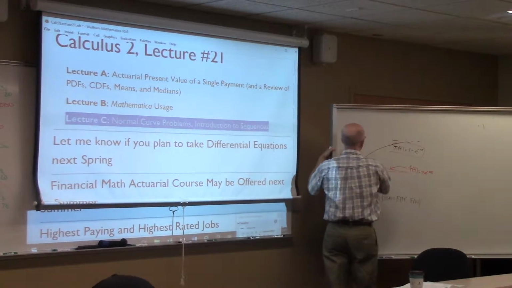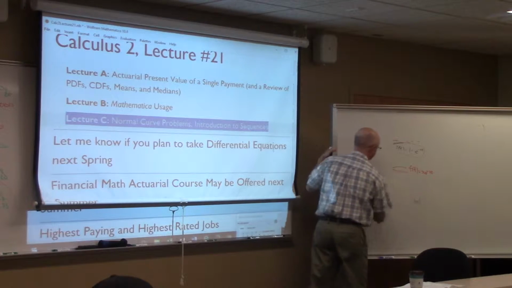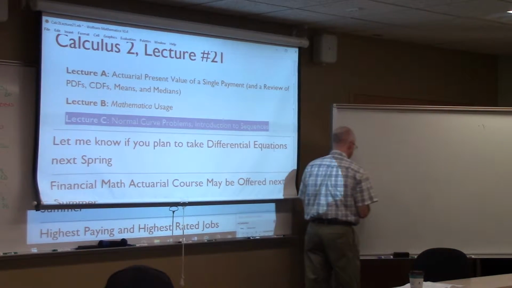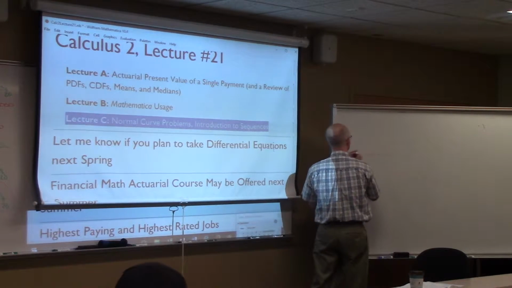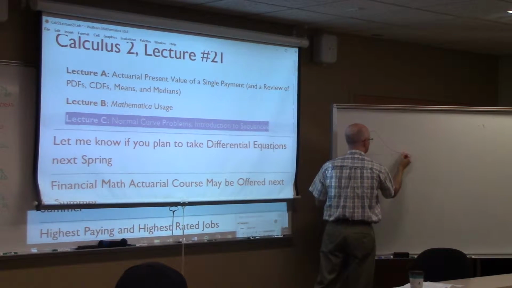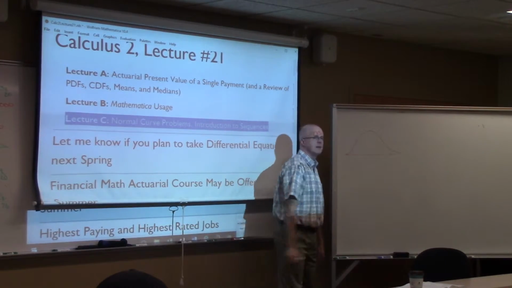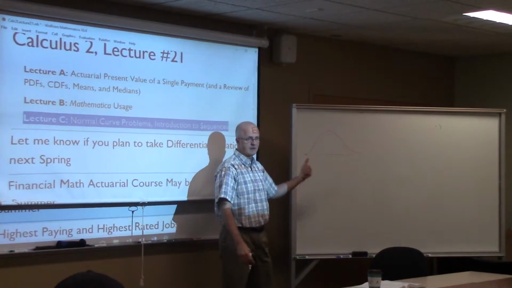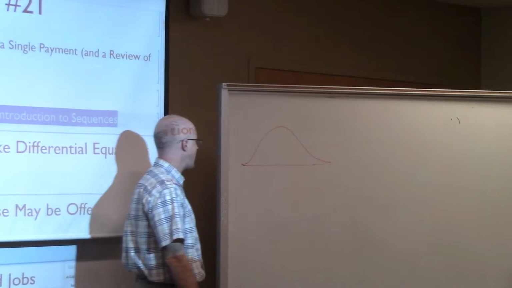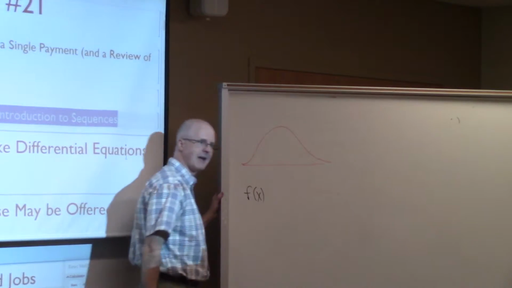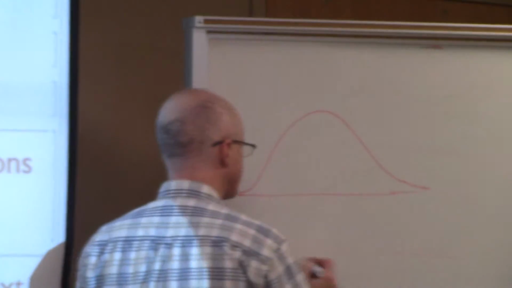A normal curve is a special kind of bell-shaped curve. I did mention that before. It's about like that. Not just any old curve that looks like that, though, is a normal curve. It's got a special kind of formula. Its PDF, little f of x, has a special form.